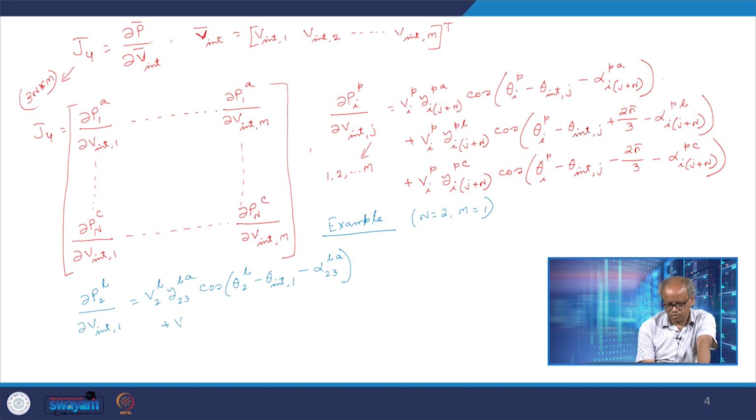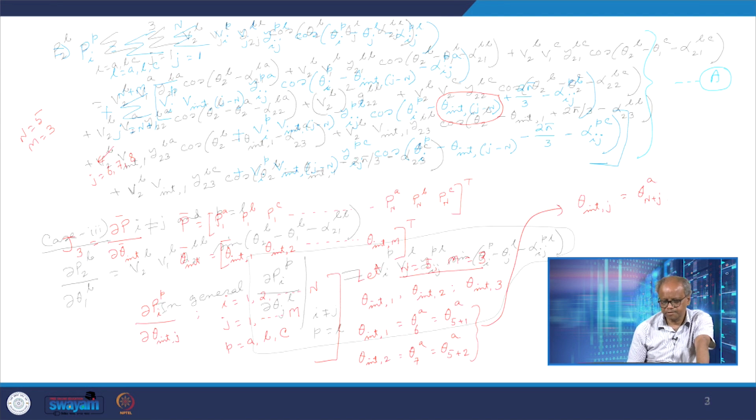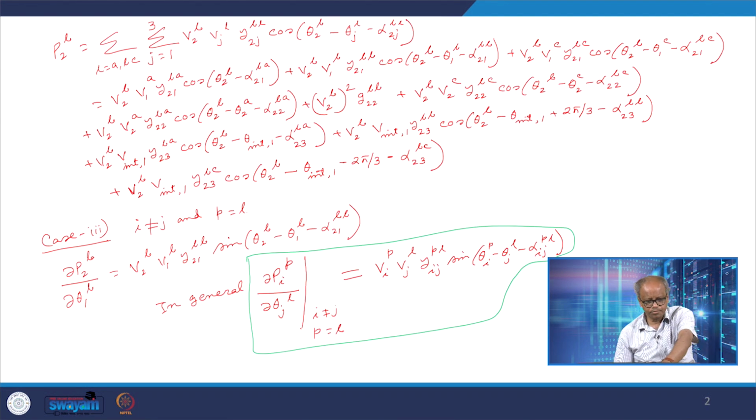Plus V2B Y23BB cosine theta 2b minus theta internal 1 plus 2 pi by 3 minus alpha 23 BB, right?